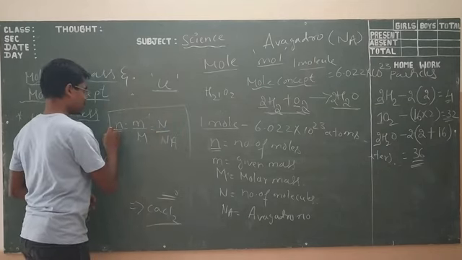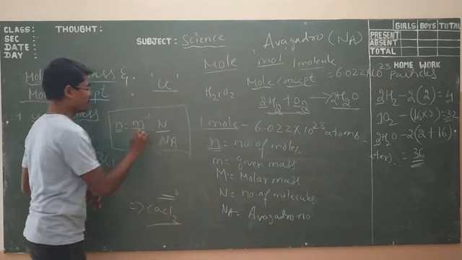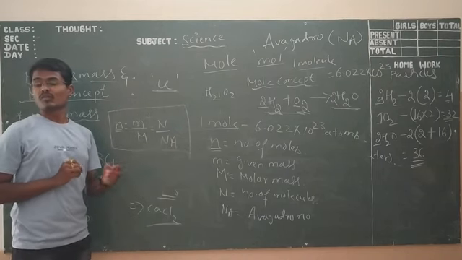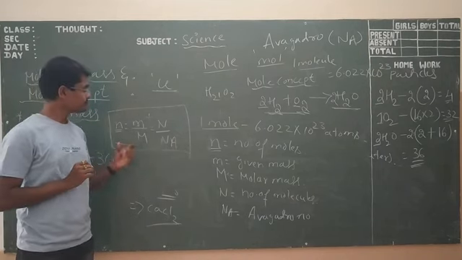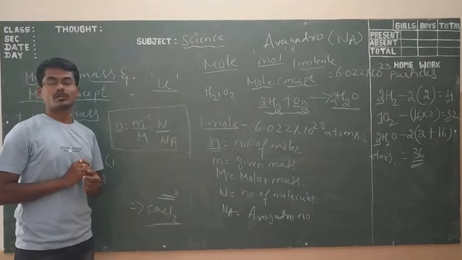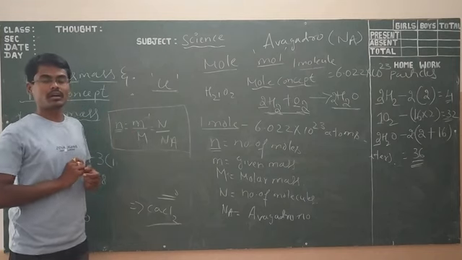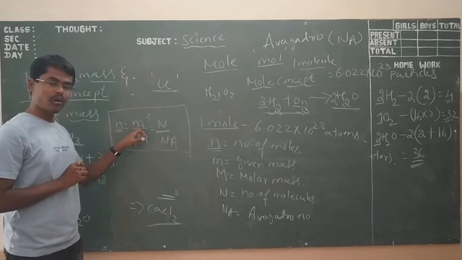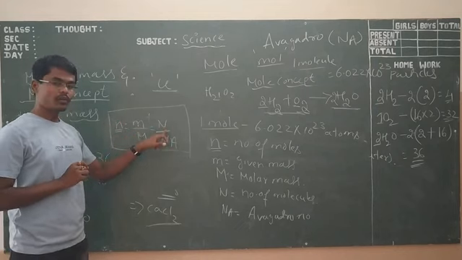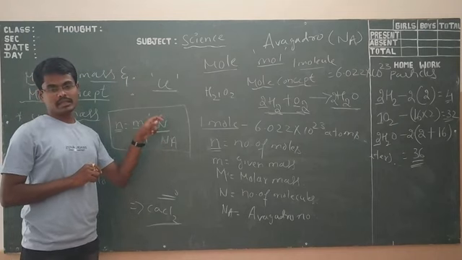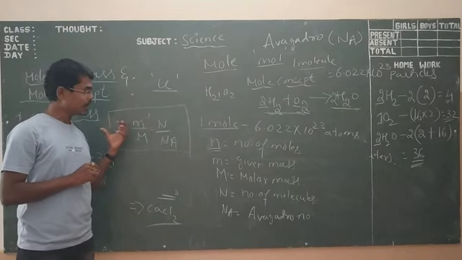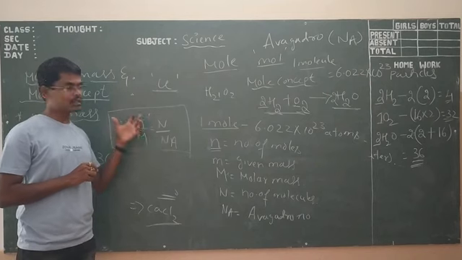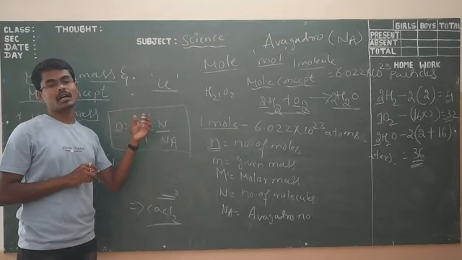This is a simple formula to calculate the number of moles required to form the particular compound. Keep it in mind. I am going to repeat: n equals small m by capital M, that equals capital N by Na. This is given in your textbook. By using this, we are going to calculate the numericals.